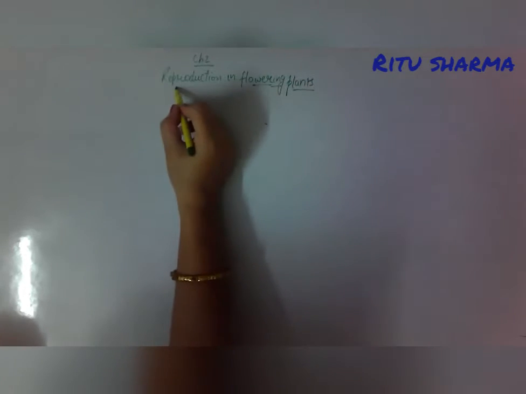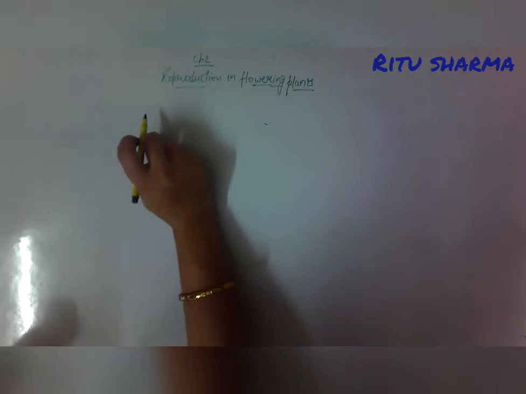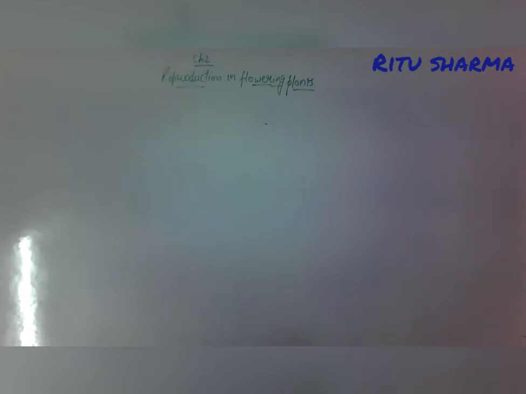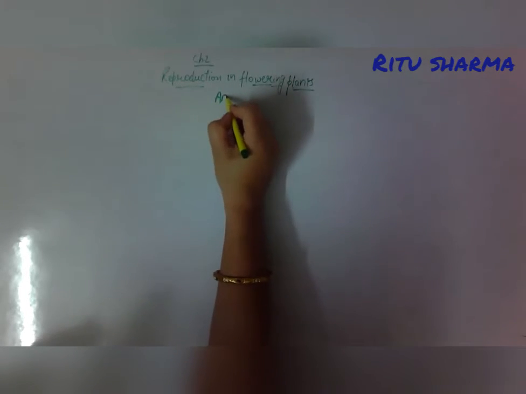Let's see the overall view of chapter number 2, reproduction in flowering plants. Flowering plants, as we all know, are also known as angiosperms.